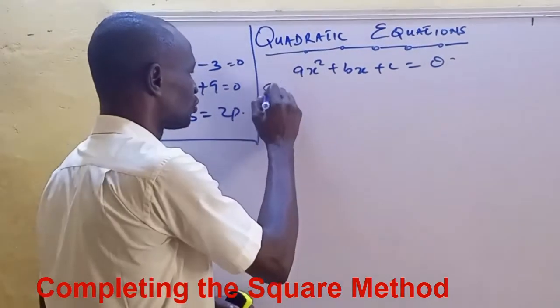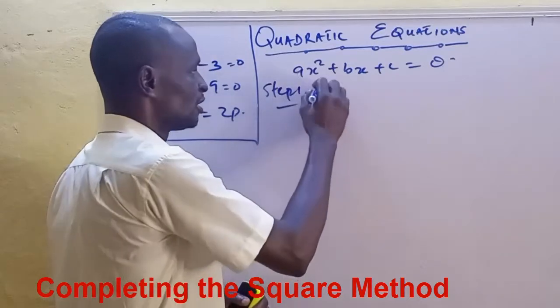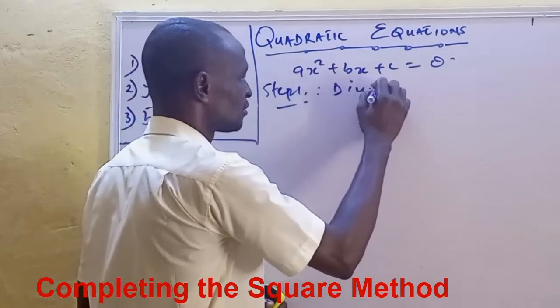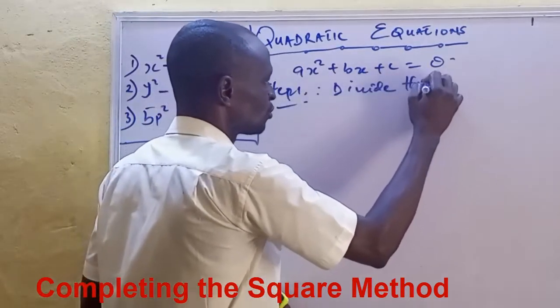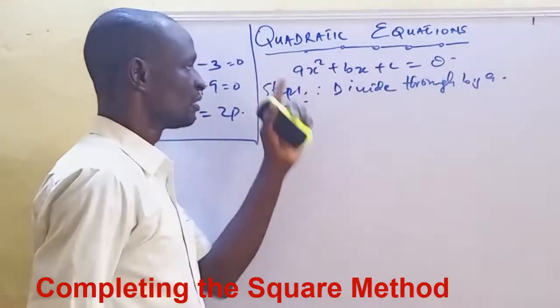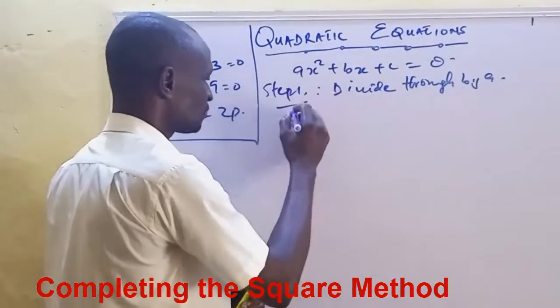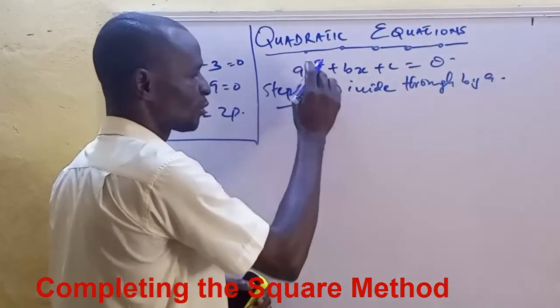The first step you do when it comes to the completing the square method, step 1, is to divide through by a. Divide all the equation by a. That is, I'm going to divide this equation by a.